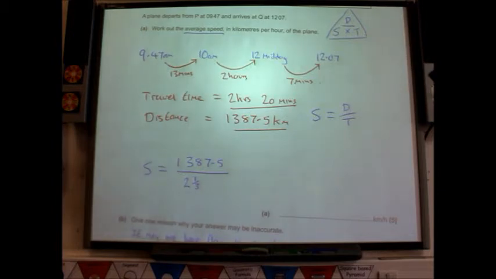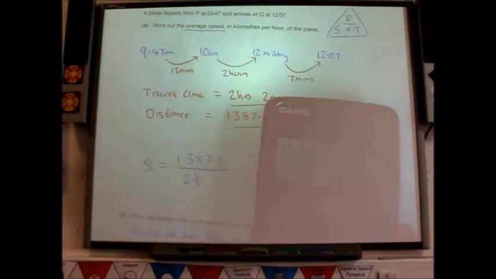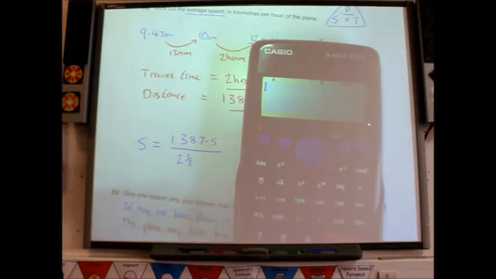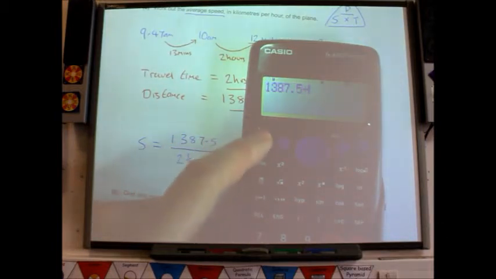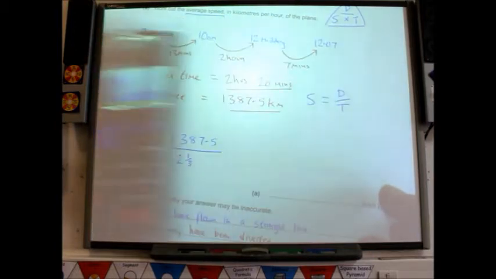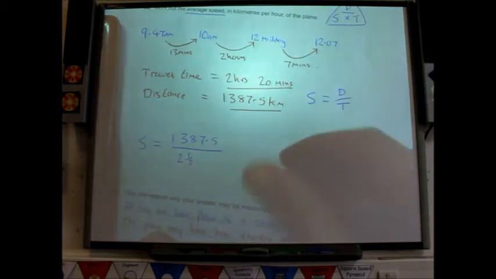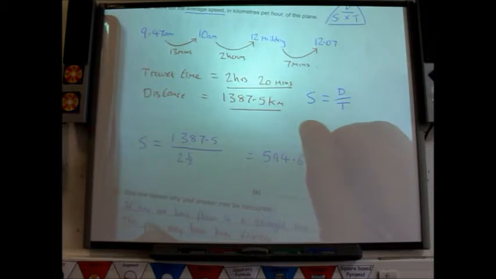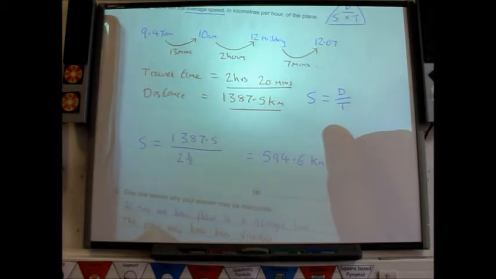So let's do that calculation. We're going to divide that by 2 1/3. So I'll put it in again: 1387.5 divided by, I'm going to use my fraction button here, 2 and 1/3, and hopefully this should give us the correct answer, which is 594.6 kilometers per hour.